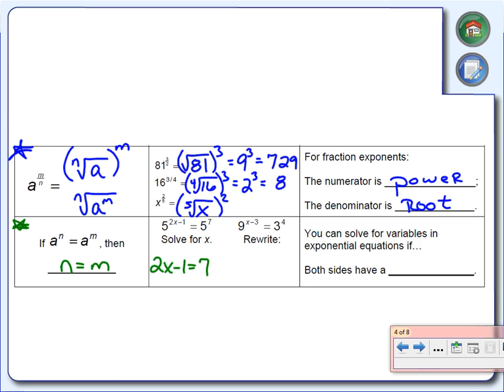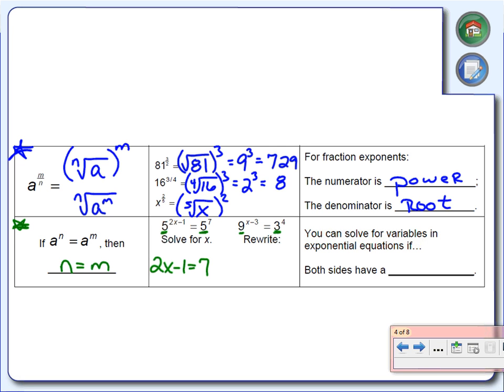The next one over here, now notice it's a little bit different. On the previous one, I can take the two exponents and set them equal to each other, and that's because the bases are the same. That's not quite the case we have over here. These bases are not the same. Here I've got a 9, here I've got a 3. So I cannot just say that x minus 3 is equal to 4. Okay?